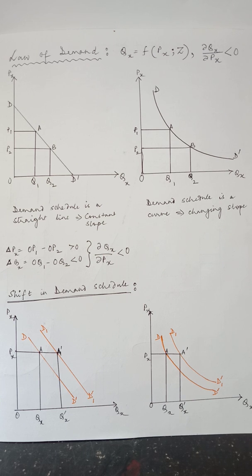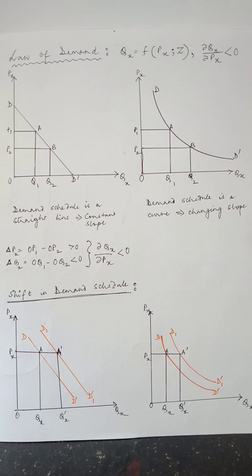Now, if we plot the price of the commodity on the vertical axis and the quantity on the horizontal axis, we can draw a demand schedule which is a straight line or a curve. A curve represents changing slope of the demand schedule at different points, but the straight line demand curve represents a constant slope.